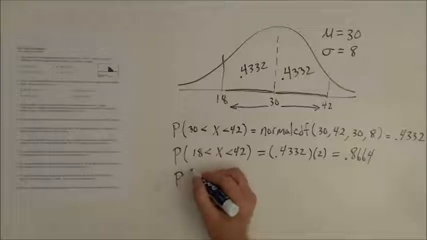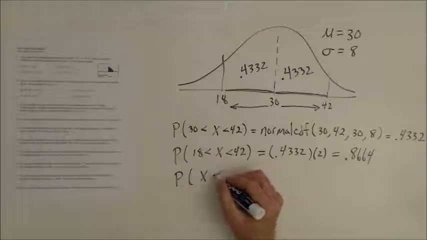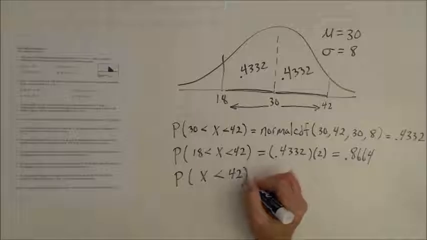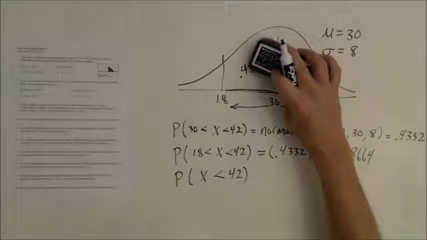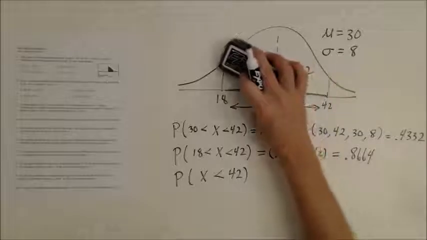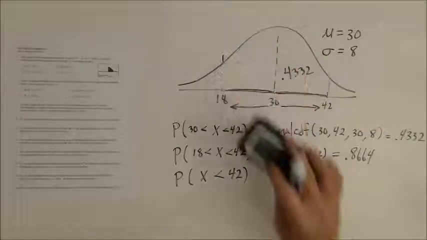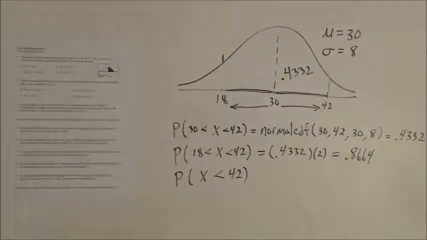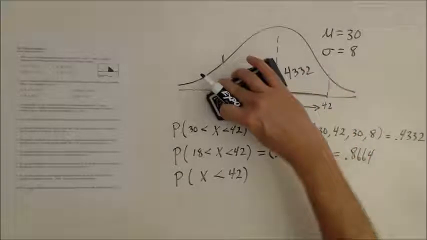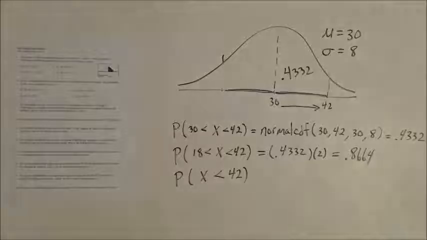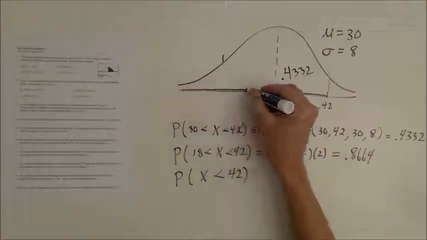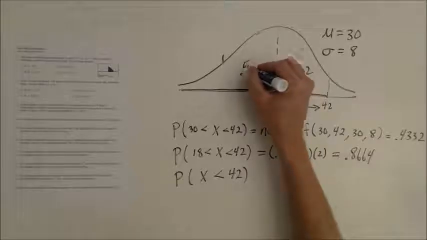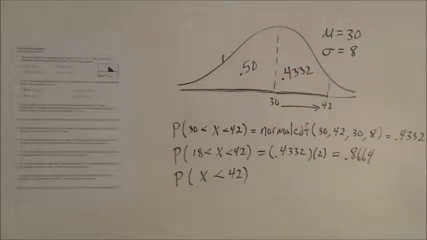In part C, we're asked to consider the probability x is less than 42. But since we've already determined that the probability between 30 and 42 accounts for 43% of the distribution, if we now consider all of the distribution for x values below 42, that interval extends all the way to negative infinity and includes the entire left half of the bell.